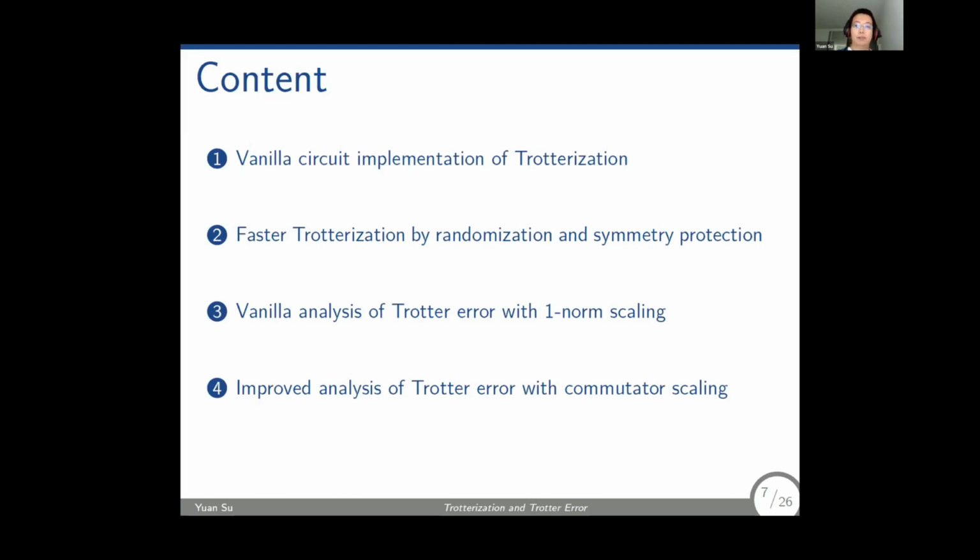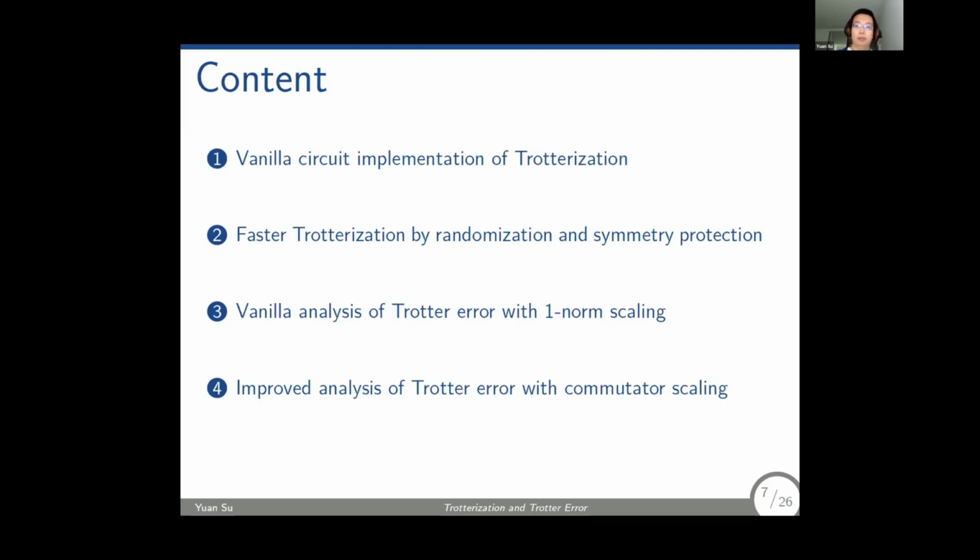And then I plan to change the topic a little bit. I will talk about how you can analyze the performance of these algorithms. I'll first talk about a baby version of the analysis with scaling called one-norm scaling. And then I will talk about how you can improve, and in many cases significantly improve, the analysis by using some more properties, like the commutativity property of the Hamiltonian.